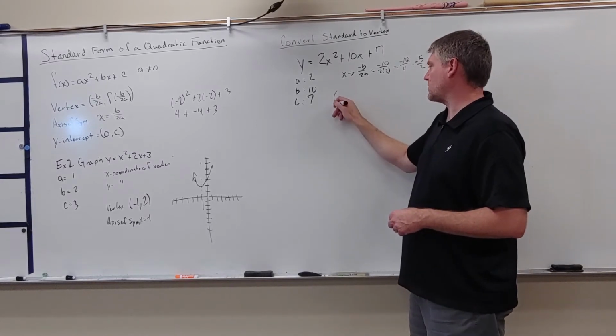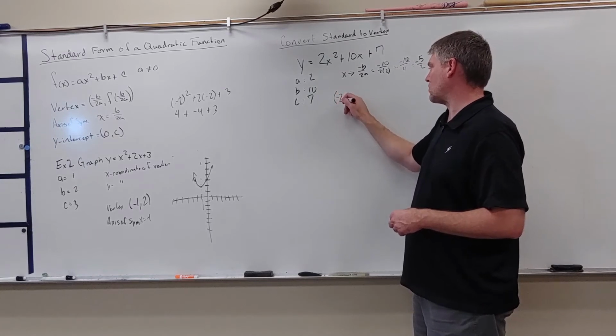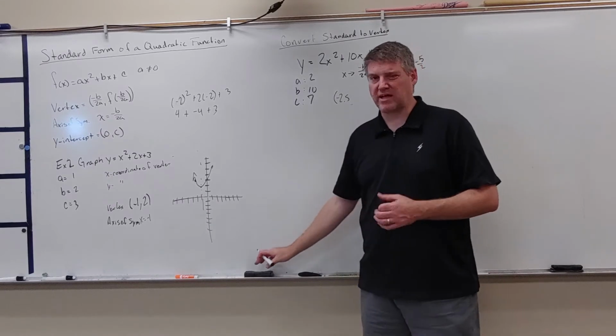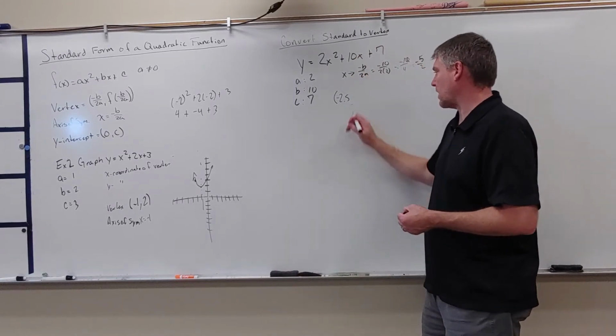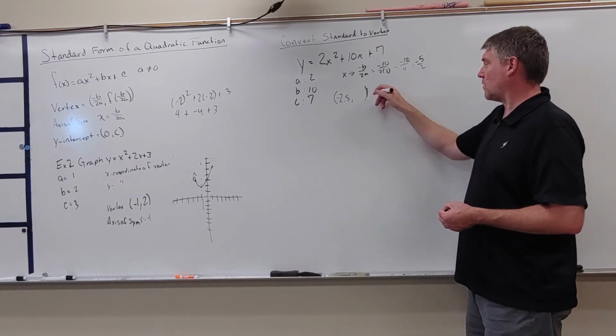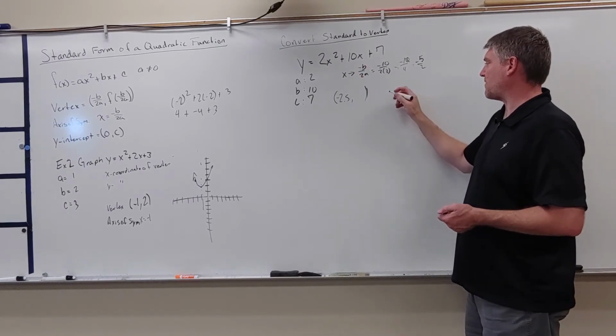So I now have an x-coordinate of negative 5 halves, or negative 2.5. It kind of depends on how you want to write it. Now if I'm going to find my y, I'm going to plug in negative 5 halves.